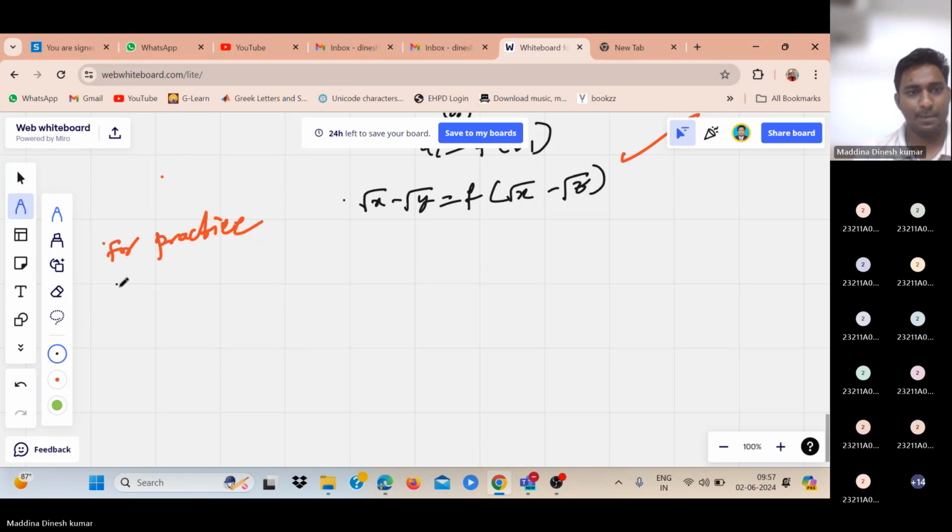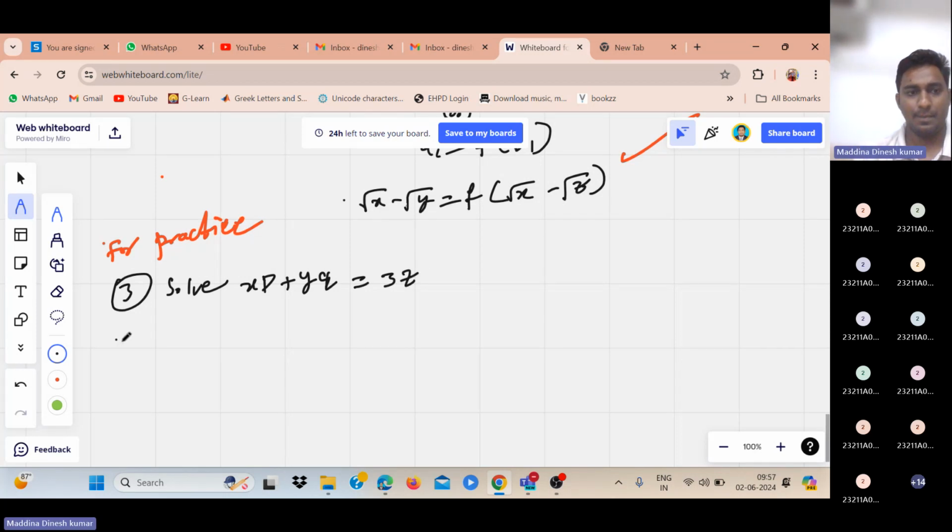The third one, solve xp plus yq equal to 3z.